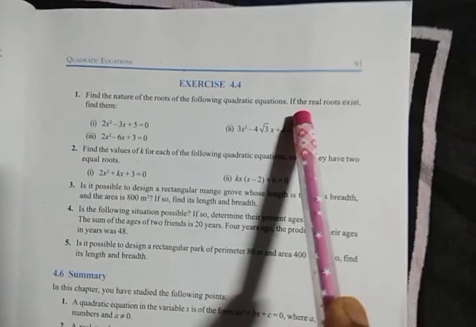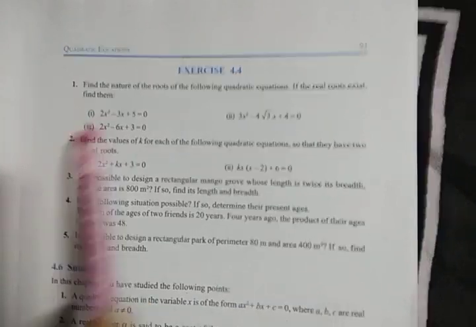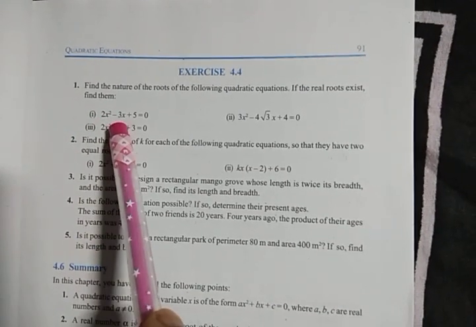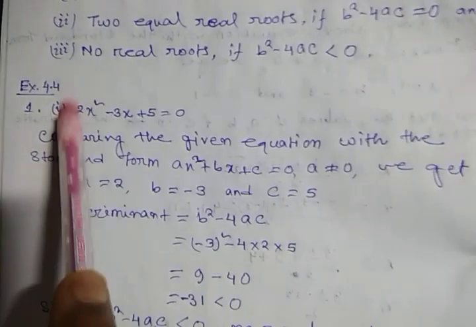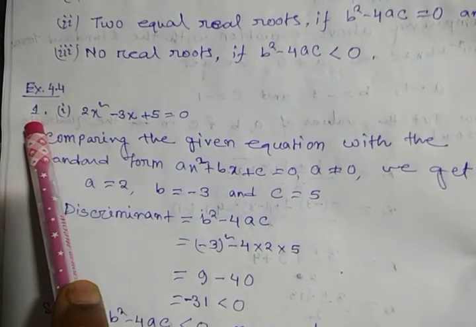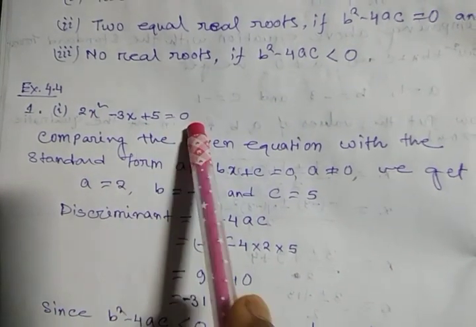If no real root exists, then we need not find the roots. So question number 1, part 1: 2x square minus 3x plus 5 equal to 0.